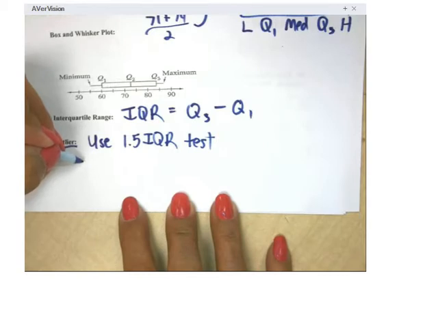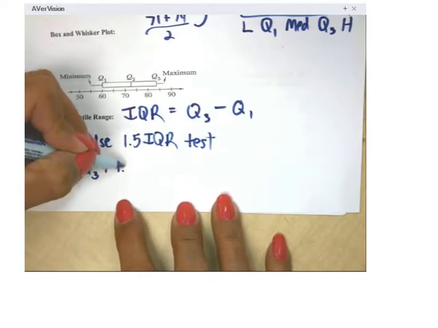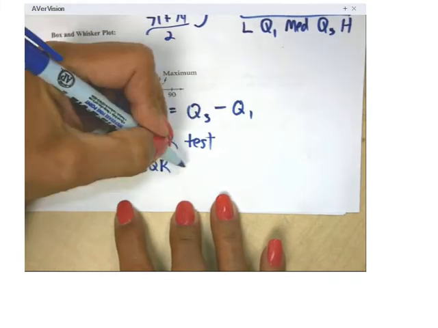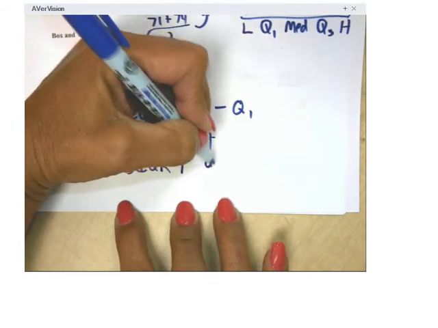And so we go to, first of all, we'll look at the upper outlier. If we take the third quartile and add on 1.5 interquartile ranges or box widths, anything that is higher than that would be considered an upper outlier.